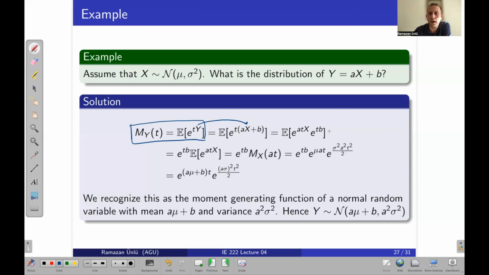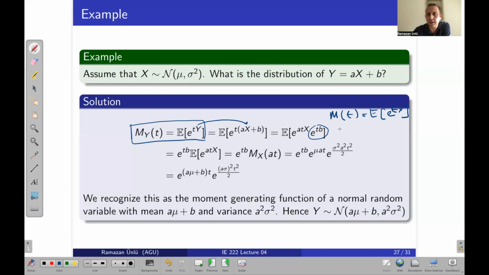Okay, so until that point it is clear, we just did some simple math, and that is a constant. That is not about the random variable, so that can go outside the expectation. So that will be e to the tb times the expected value of e to the atx. Okay, and remember that the moment generating function at t is equal to the expected value of e to the tx, right?